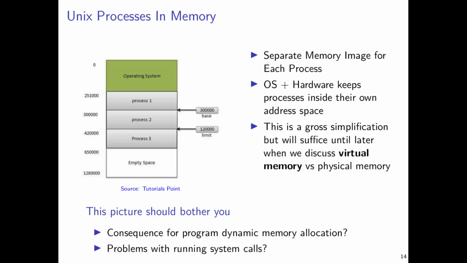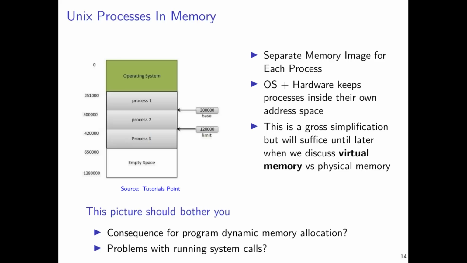Now, this is a high-level picture. It's abstract, and it is certainly wrong in many respects. We'll discuss some of the ways it's wrong later on when we cover virtual memory in the middle of the class. But this image should also bother you to some extent in terms of two facets that will need later explanation.